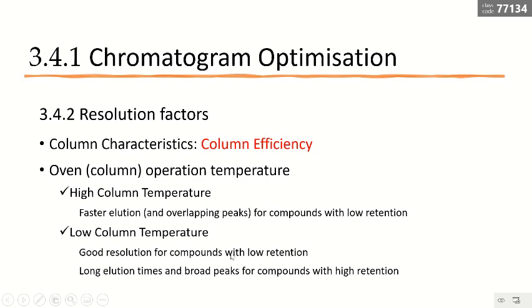For the lower retention ones, they have the better one. But for the longer elution time, whatever is sticky inside the column for a longer time tends to have the broader peak, the fatter peak, or the hump shape of the peak. Their retention time is much higher. I'll give you an example on the following page.